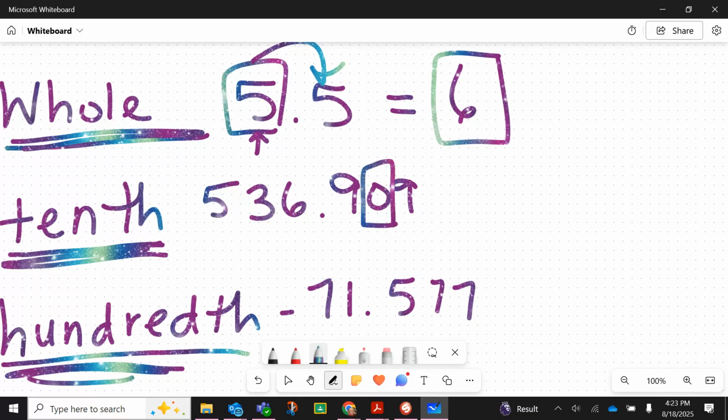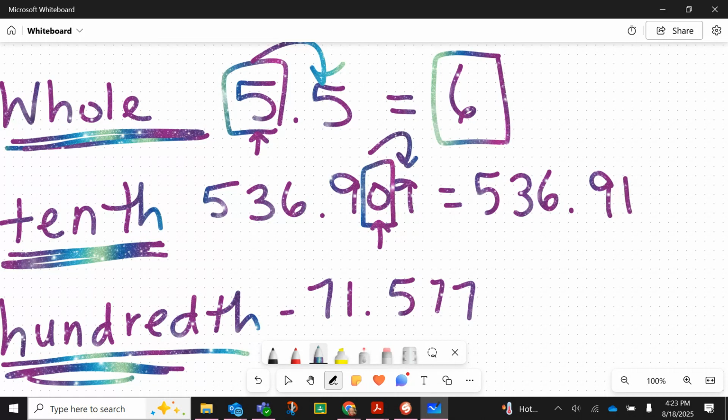I go to that tenths place. I go next door. I've got a 9. That tells me I'm going to round up, raise that score. So everything to the left of the box stays the same. 536. And then over here, because I'm raising it, that 0 is going to turn to a 1.